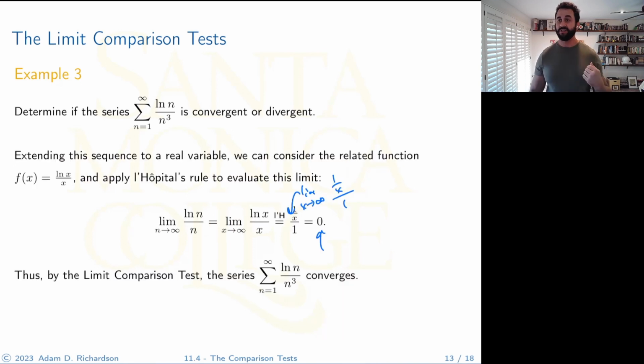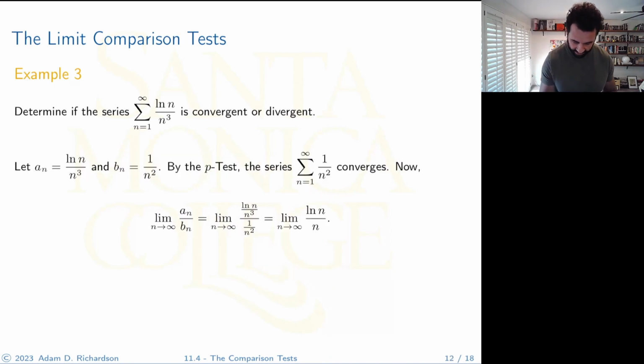Maybe having to pass to a real variable so that you can use differentiability to your advantage. And then you string together all of these tools and you get the conclusion, which in our case is that this converges.